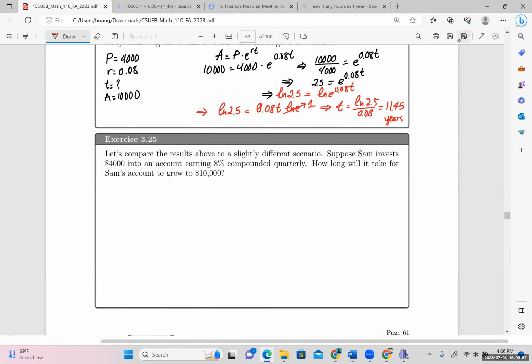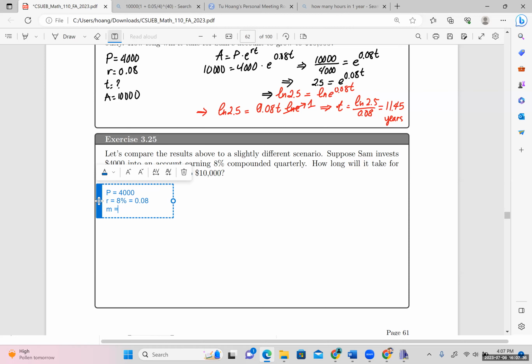Exercise 3.24 is a little bit different, but we will still keep using the natural logs to handle that. Suppose Sam invests 4,000, which means P still is 4,000, and the rate is 8%, which is 0.08, but it's compounded quarterly.